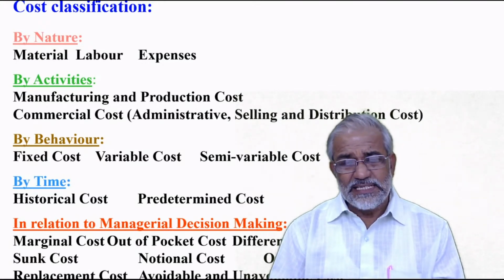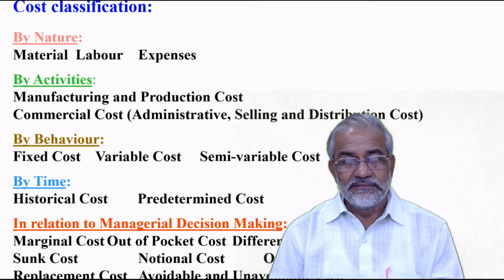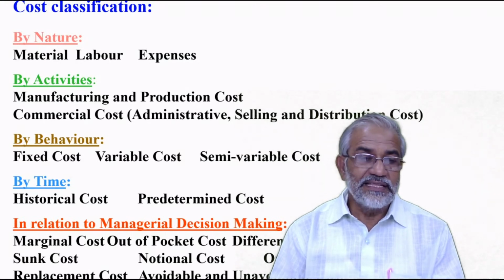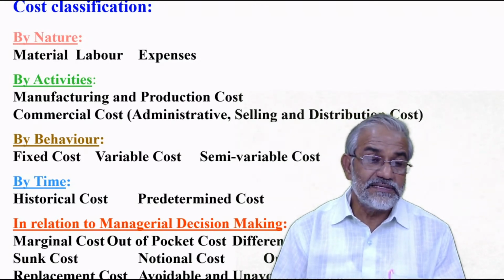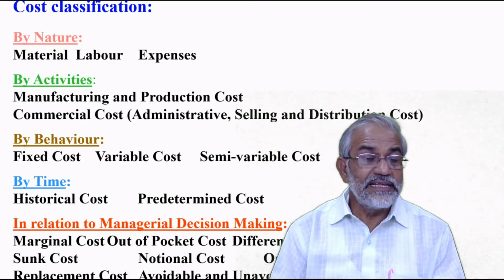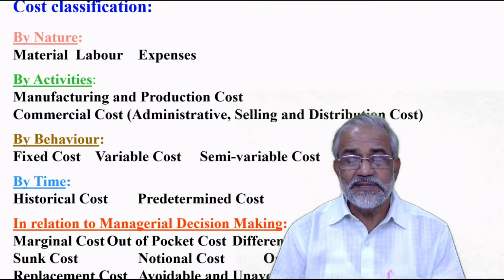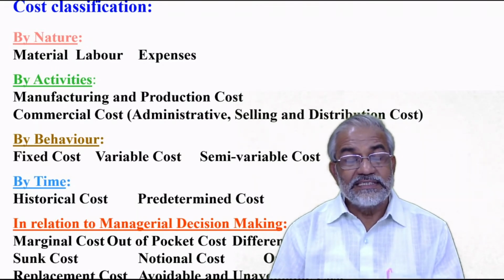If certain expenses incurred are directly allocable with the units produced for that table, that can be treated as a direct expense. And if it is not directly allocable or attributable or identifiable with the units produced, that can be taken as indirect expense. Take the example of factory rent.